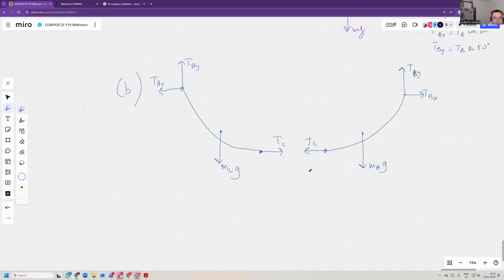And looking at these two pieces, you immediately understand that TAY must equal ML g, and TBY must equal MR g.